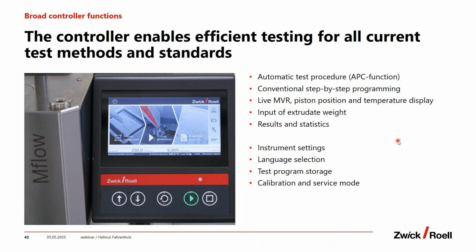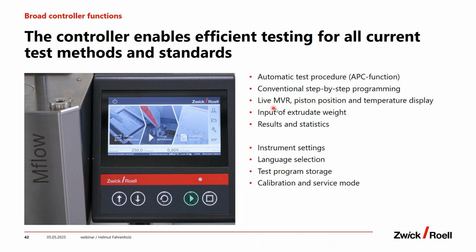And then it reacts in an optimized way to measure a melt flow rate of 8. So if your guess was good, then the procedure will be optimized for this guess. This is called the APC function, and it makes life for the operator much easier, as he does not need to know all the different possibilities that you have throughout the different standards.